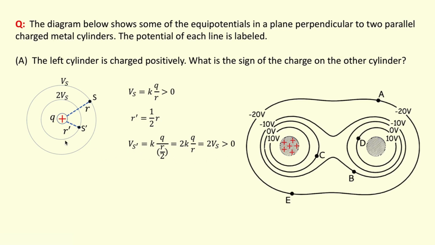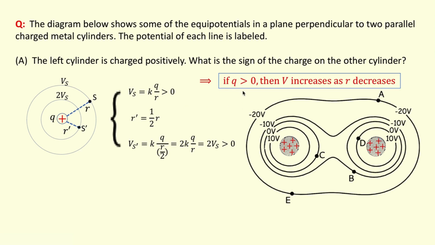Here we have shown that for the inner sphere, the potential is 2Vs, and for the outer sphere, the potential is Vs. These two equipotential surfaces show that when we go closer to the point charge, the potential increases. In other words, if Q is greater than 0, like this situation, then V increases as r decreases.